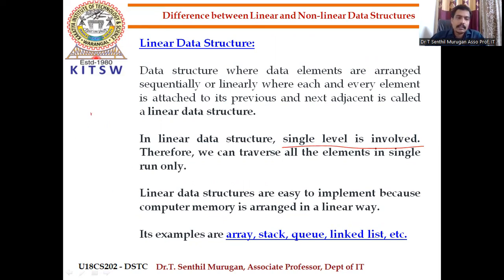For example, an array A of 5. How can we allocate the memory? The memory will be allocated continuously with indexes from 0 to n minus 1. We already discussed this many times. Wherever the data is stored in a linear or sequential manner, that is considered a linear data structure.